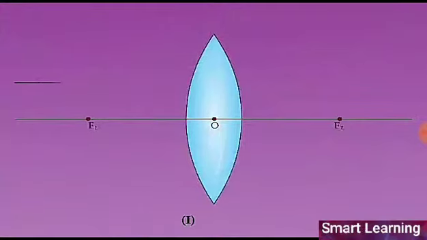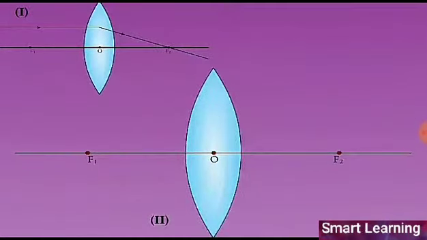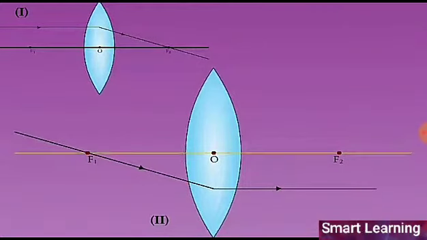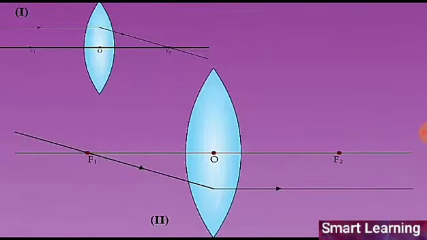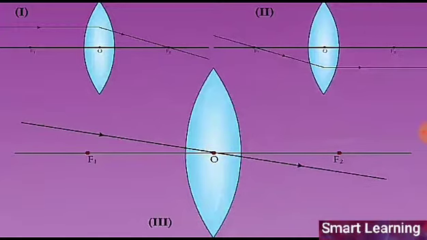A ray from the object, incident on the lens parallel to the principal axis, after refraction through the convex lens passes through the principal focus on the other side of the lens. 2. A ray of light passing through a principal focus, after refraction from a convex lens, will emerge parallel to the principal axis. 3. A ray of light passing through the optical center of a convex lens will emerge without any deviation.